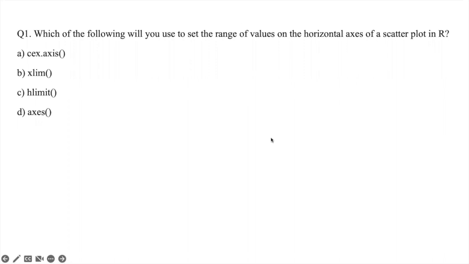Okay. So which of the following will you use to set the range of values on the horizontal axis for a scatter plot? Right. We used it today multiple times. I don't want just one person to be answering. Okay. So B, which means xlim. So can any one of you tell me if I want to set xlim as between, let's say, 5 and 100, how would I write it?